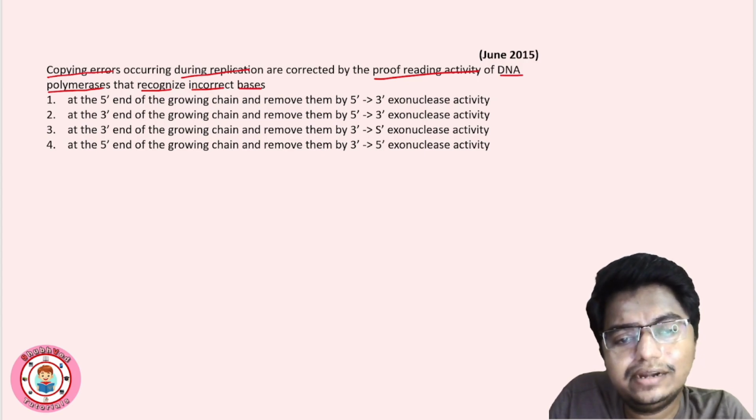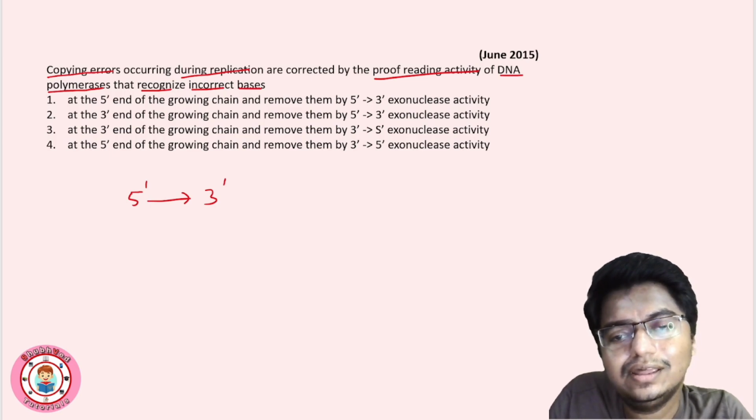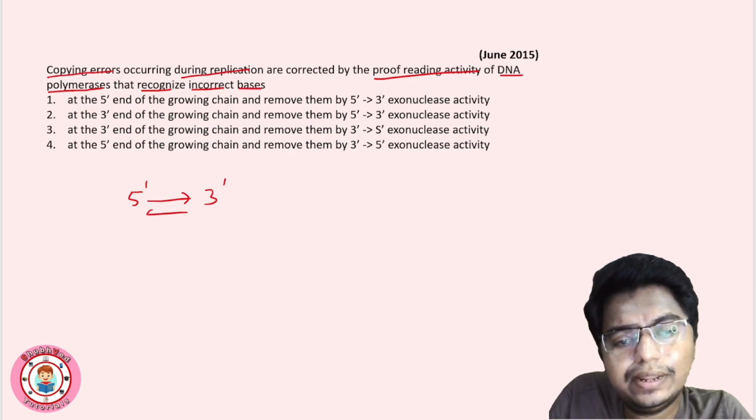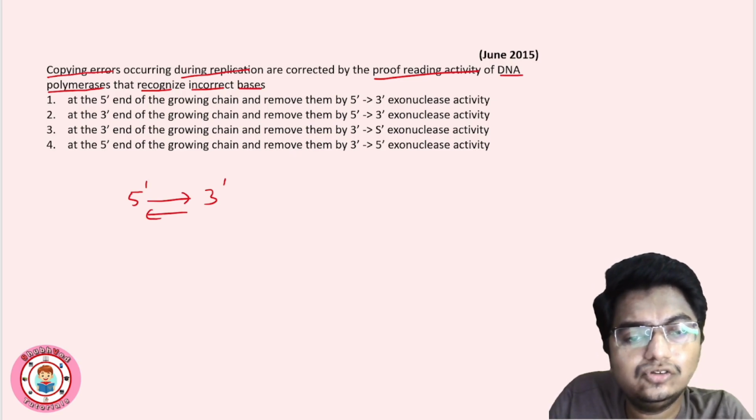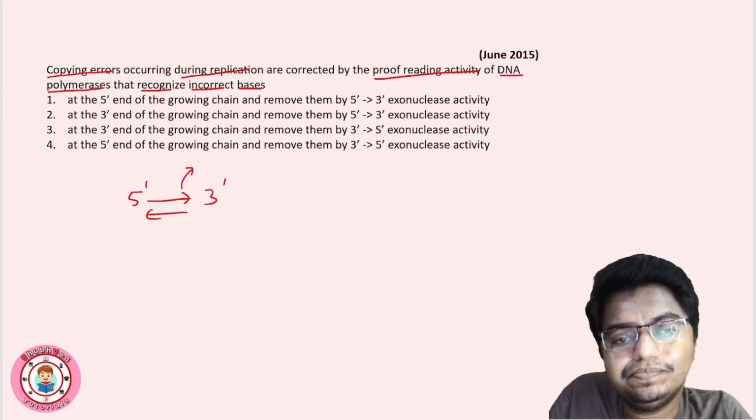Now we know that synthesis takes place from 5 prime to 3 prime. So nucleotides are added at the 3 prime end. So if proofreading activity has to occur, then it should be 3 prime to 5 prime, right? The removal of the incorrect bases should occur from 3 prime to 5 prime.